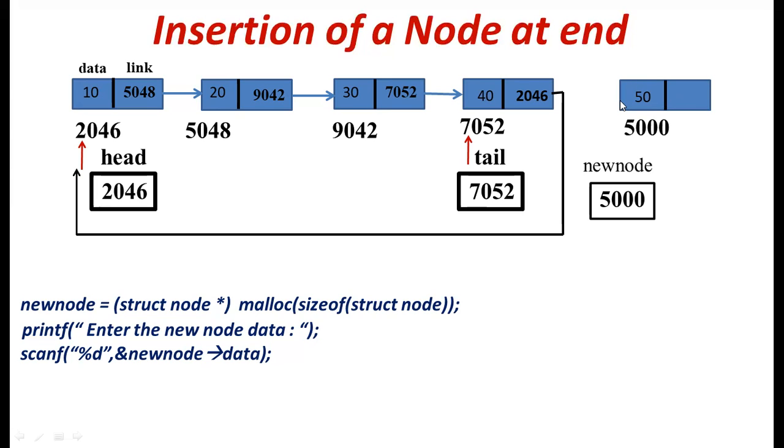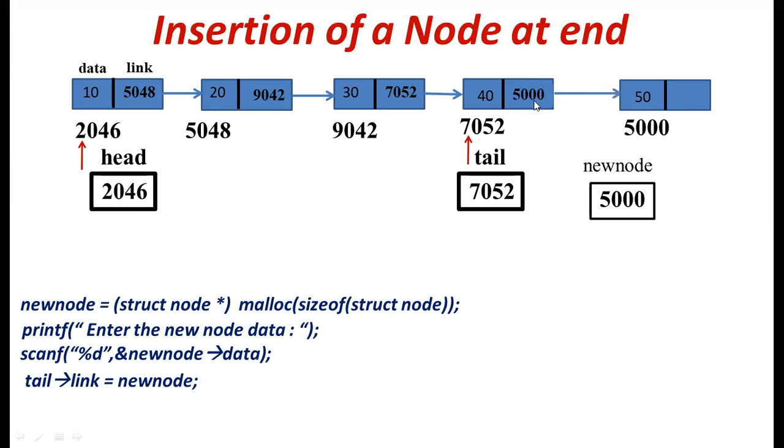Now we have to make the tail to link value point to this address, not to 2046. So tail to link should have the new node value. We need to write tail to link is equal to new node. Once that statement executes, the tail to link will be pointing to this particular node.